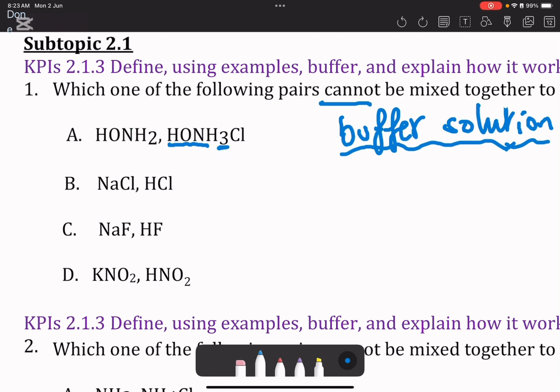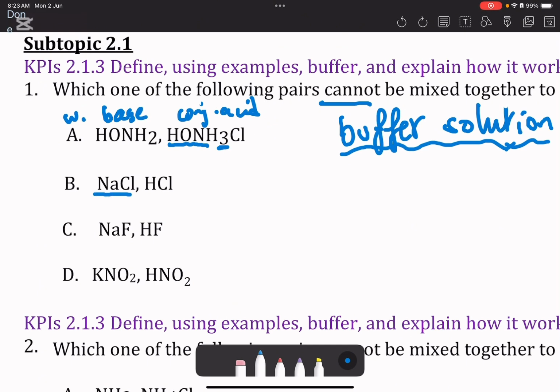So here you can look at the difference in the hydrogens. That's the base and that's the conjugate acid. Cl is just a spectator ion, so you can ignore it. Now HONH2 is a weak base. So that's a buffer. I cannot take this option.